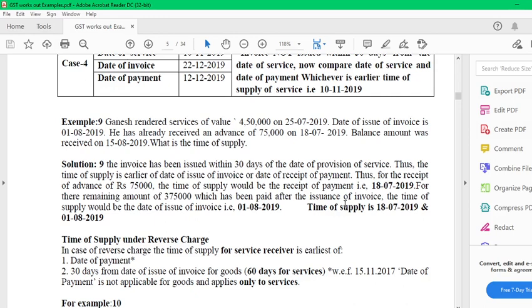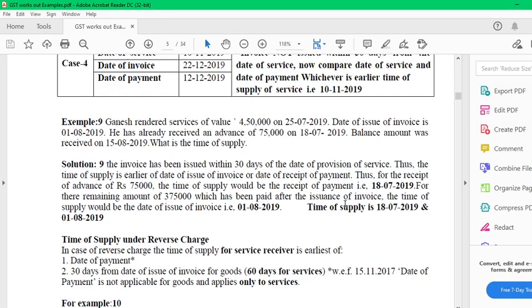For the advance of 75,000 received, the time of supply would be the receipt of payment on 18/7/2019. For the remaining amount of 3,74,000, which has been paid after issuing the invoice, the time of supply would be the date of invoice, 1/8/2019.